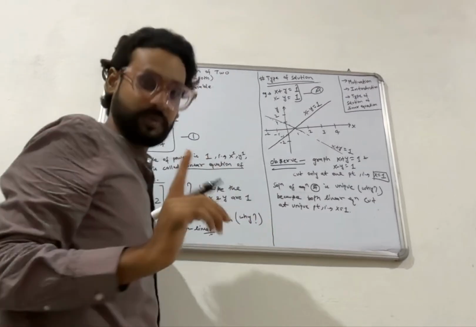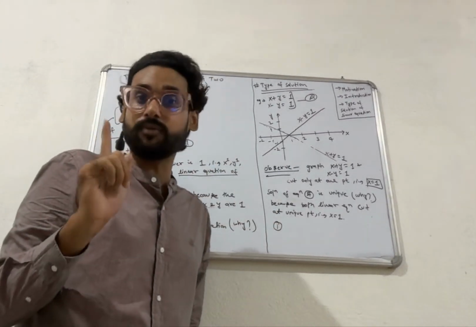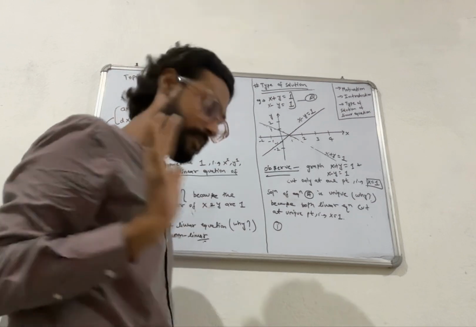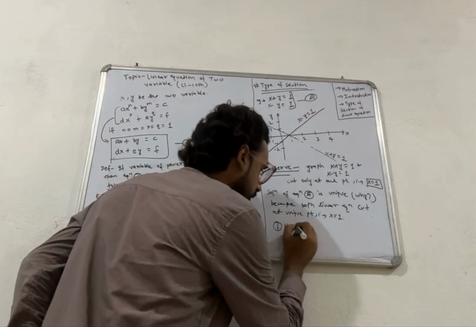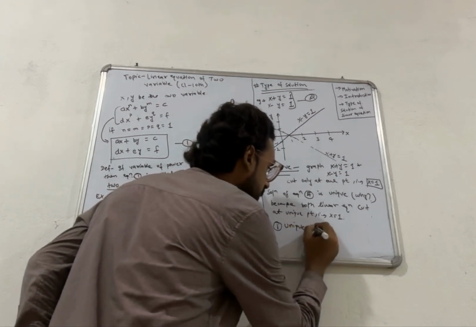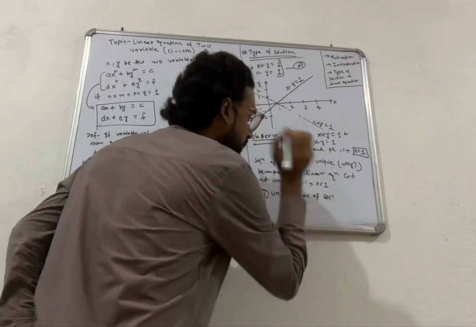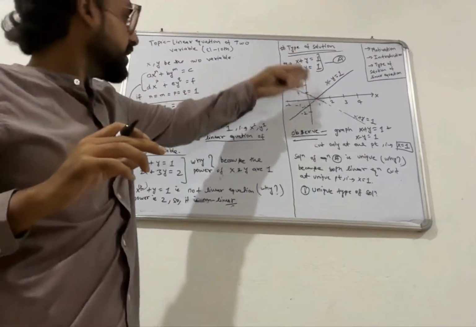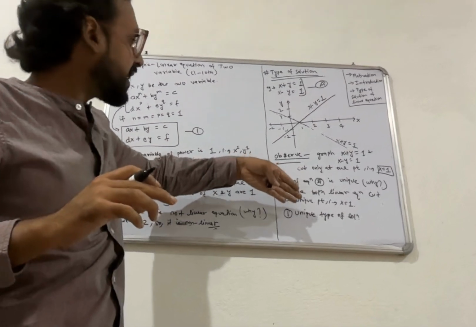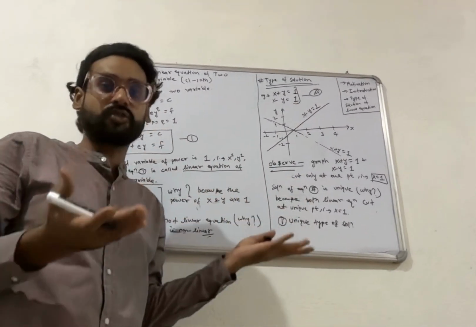Okay, so there is one type of solution I have: the unique type of solution. And I'm telling you these are graphical representations to see the type of solution.